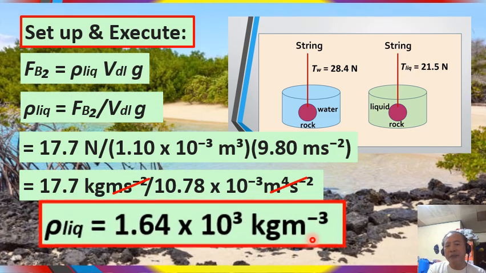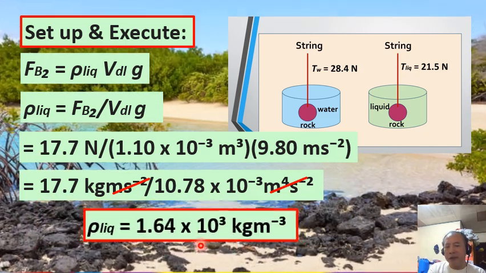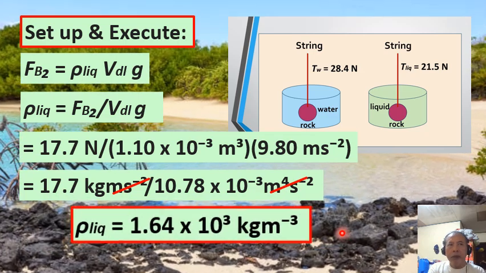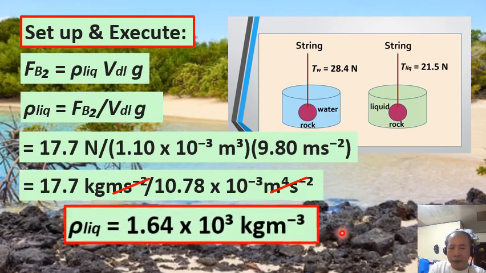So obviously, the density of the unknown liquid is greater than that of the water, which is only 1,000 kilograms per meter cubed.